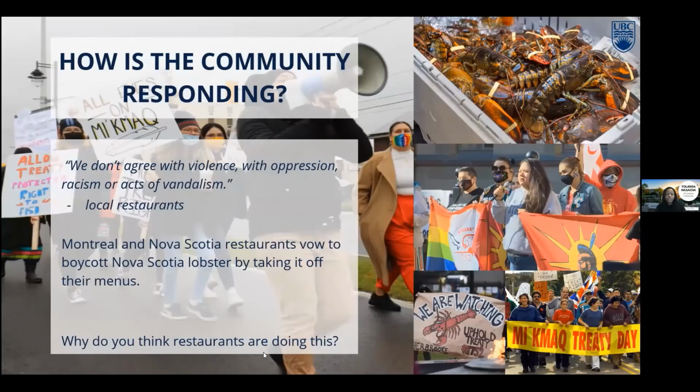So in response to this, the removal of lobster dishes in most dining places was a move to show solidarity with the Mi'kmaq and to condemn the ongoing violence stemming from the lobster protests by most restaurant owners or food-owned places within Nova Scotia.